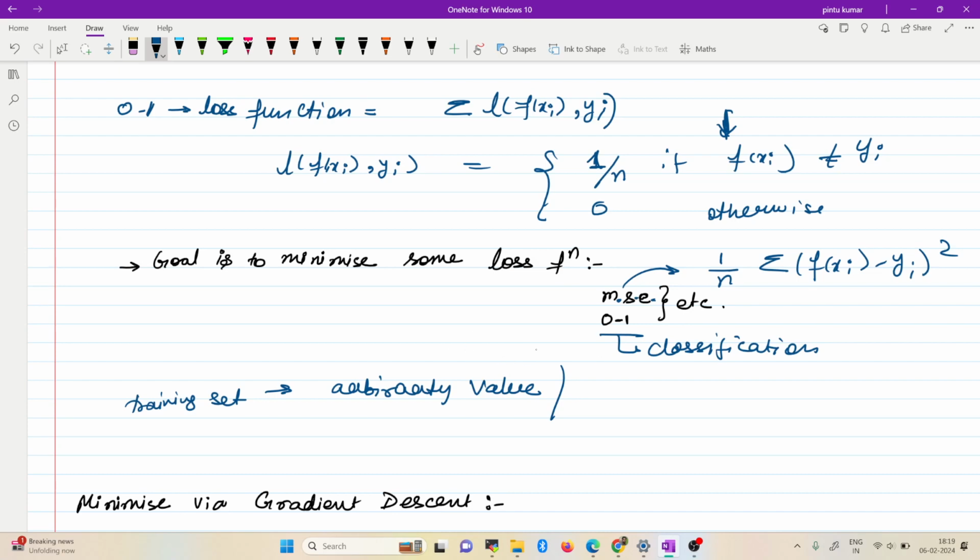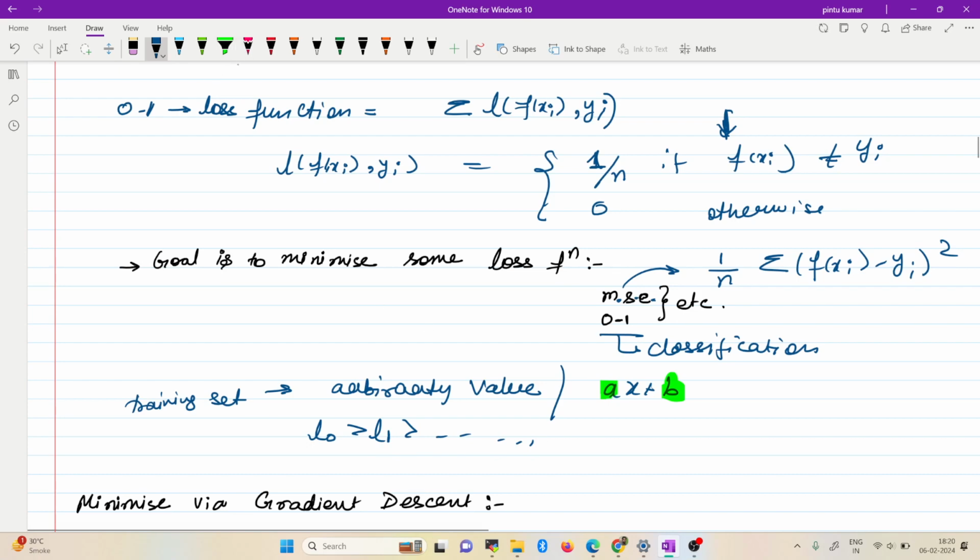For example, if you want to separate them by a linear classifier, then a linear classifier looks something like ax plus b. So you will take some arbitrary values for your a and b. Then you will try to update your a and b in such a manner that your loss function decreases in the next iteration. Let's say this is L0, so you want your L1 to be better than L0, and so on, and hope that you converge somewhere.